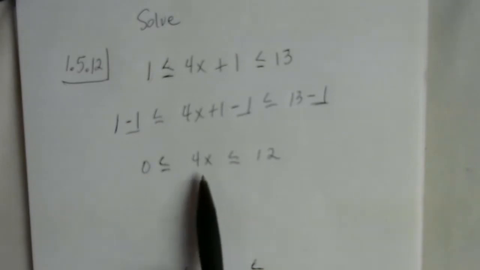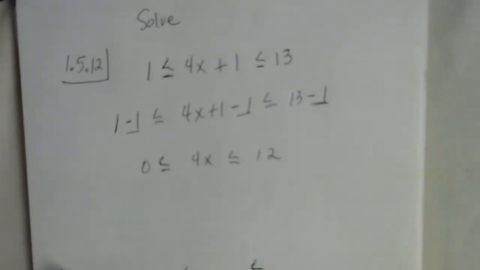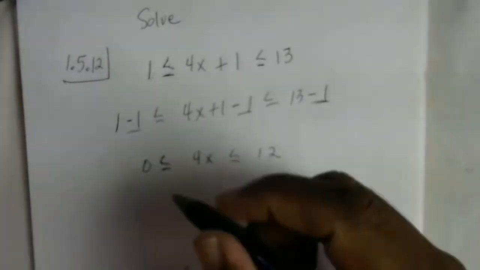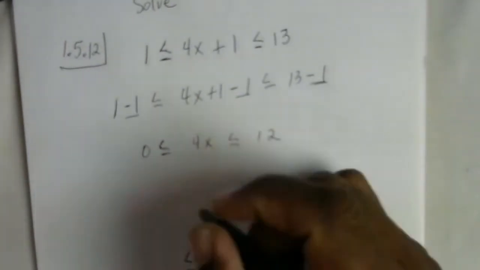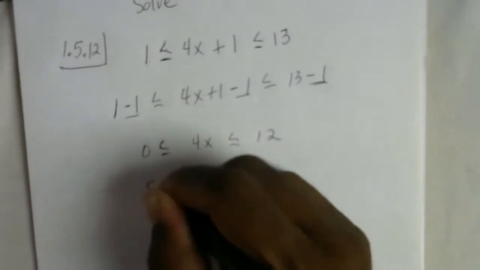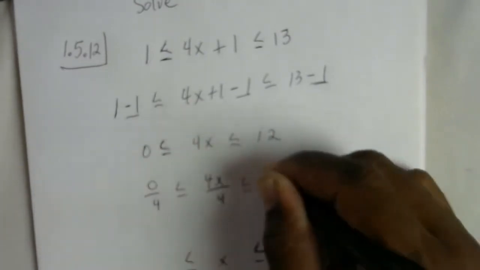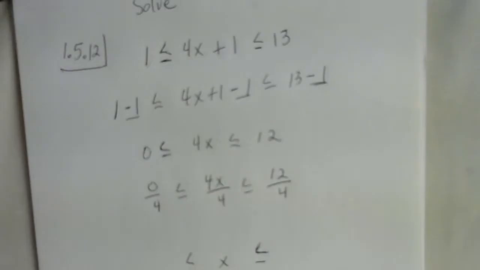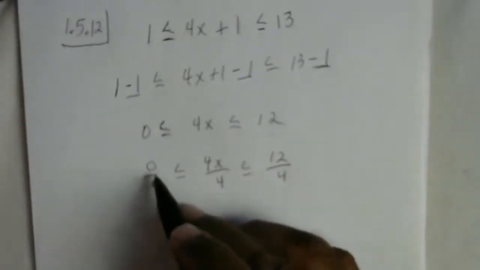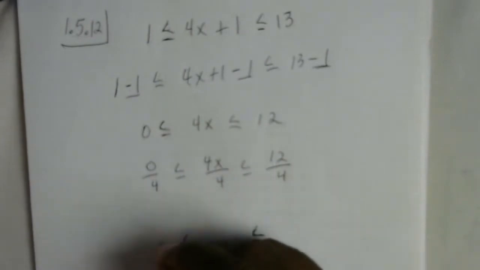Lastly, the opposite of multiplying x by 4 is to divide by 4. So I'm going to divide everything by 4. And now I'll simplify. So 0 divided by 4 is 0.